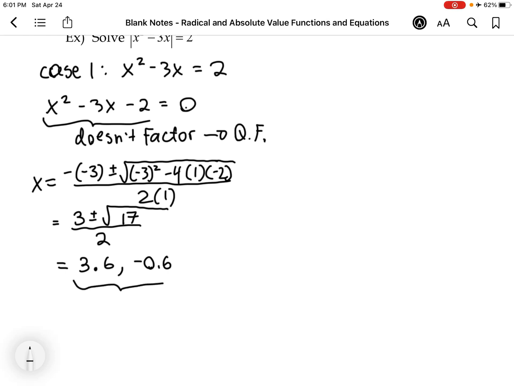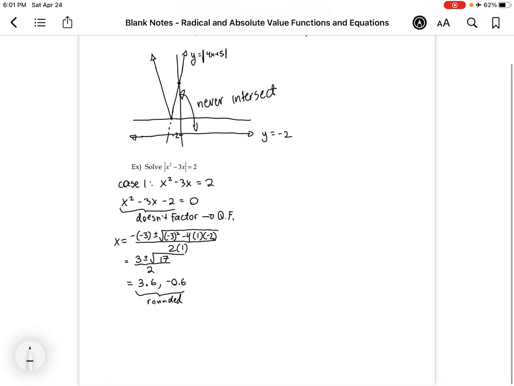Okay, so these are rounded. Okay, so that's case 1.